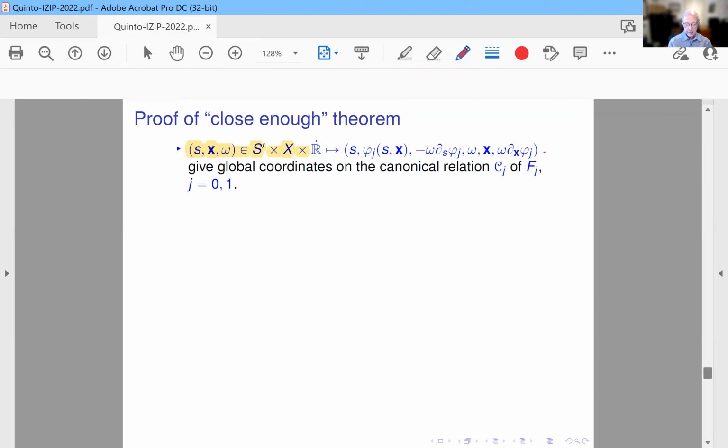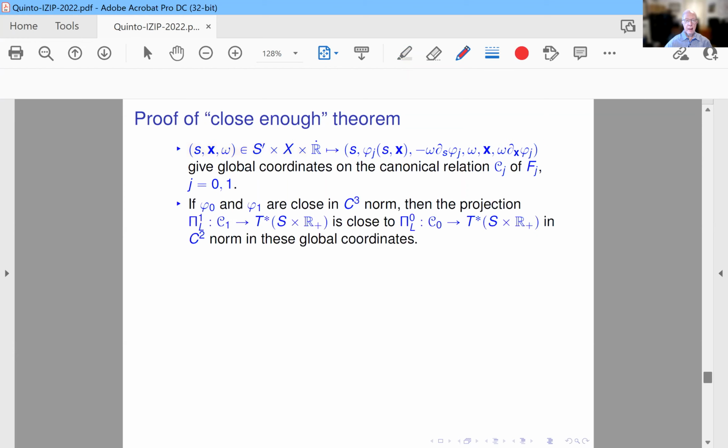So this here is the canonical relation Cj of Fj. And the idea is, if the phis are close, then when we use our coordinates, the phi1 of certain coordinates is going to be close to the phi0 of those coordinates. And if the phi0 are close enough in C3 norm, then the projection operator is going to be close in these global coordinates.